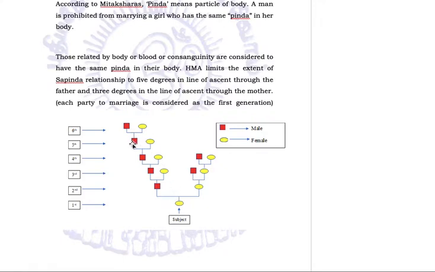She has this great grandfather and he also has this great grandfather. This great grandfather is common for her and for him. Or she has a great grandmother from her mother's side, and he also has a great grandmother from his father's side. This is common. Then you cannot marry. Then you are said to be carrying part of the same body.